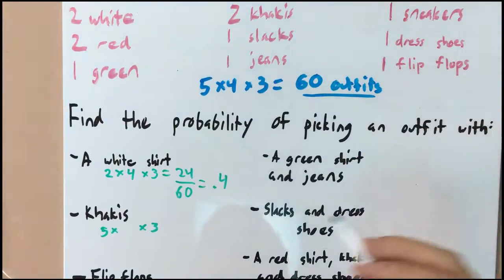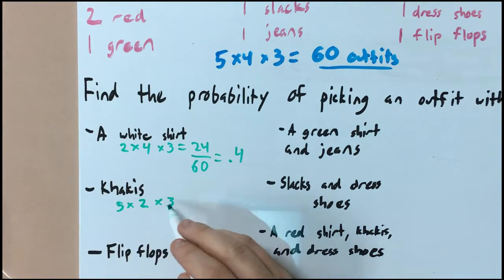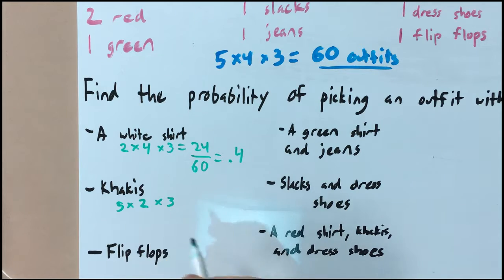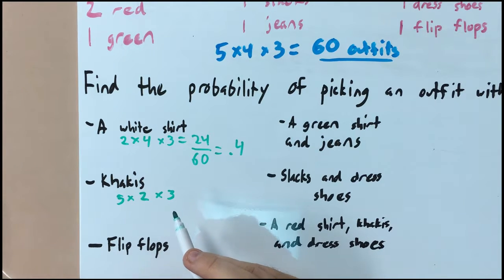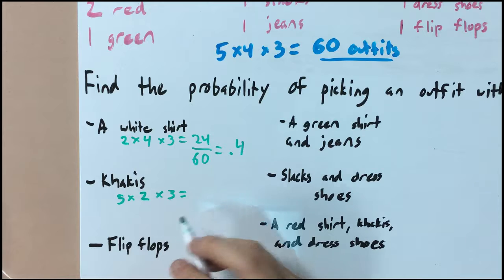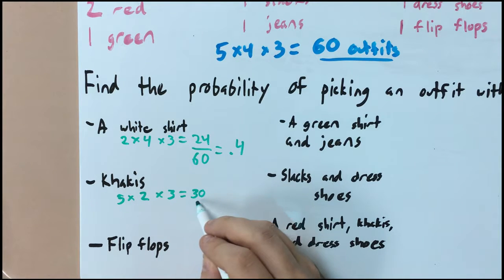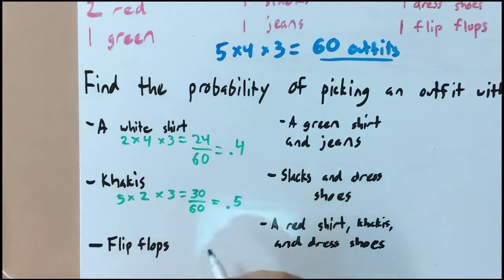So if we're looking for the probability of picking an outfit with khakis, instead of 5 times 4 times 3, now I have 5 times 2 times 3, because I restricted the pants that I could choose from to just the 2 pairs of khakis. So 5 times 2 times 3 gives me 30. Divide that by 60 and you will get 1/2 or 0.5.